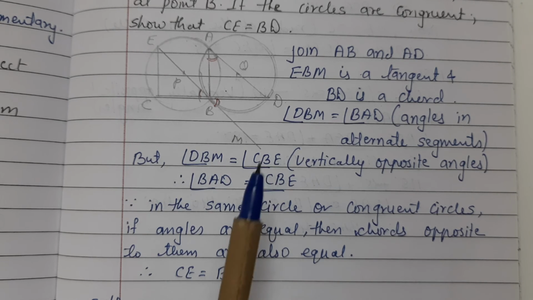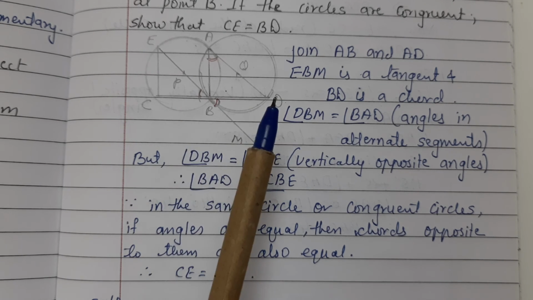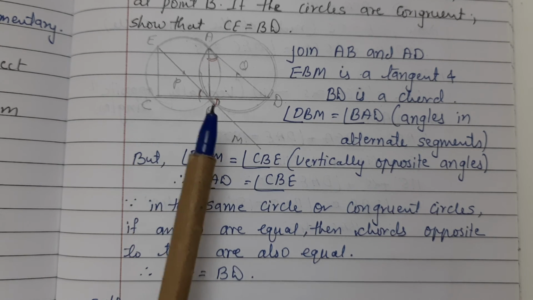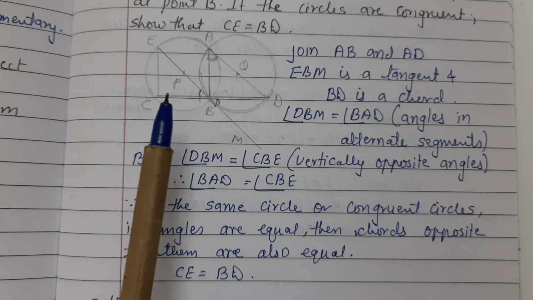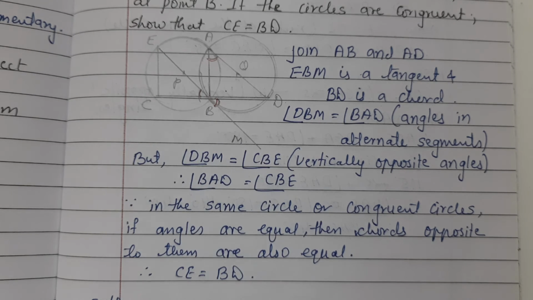Therefore, angle BAD is equal to angle CBE. Since in the same circle or congruent circles, if the angles are equal, then the chords opposite to them are also equal. Therefore, CE is equal to BD.